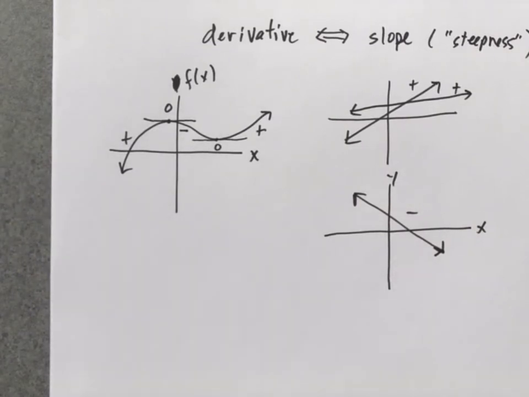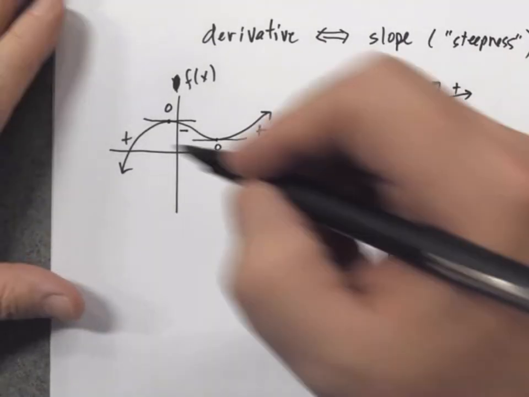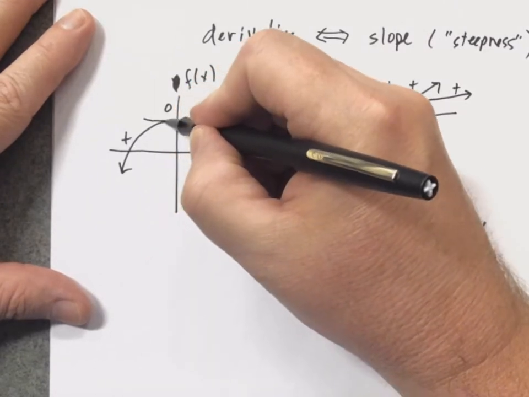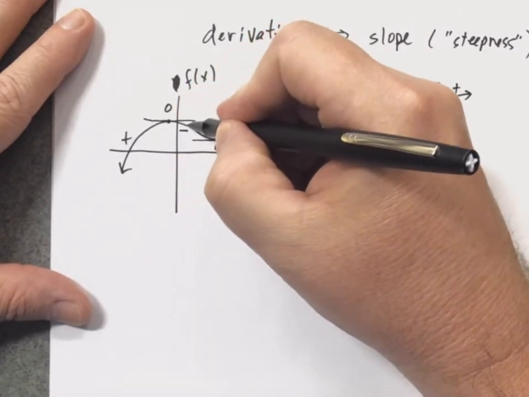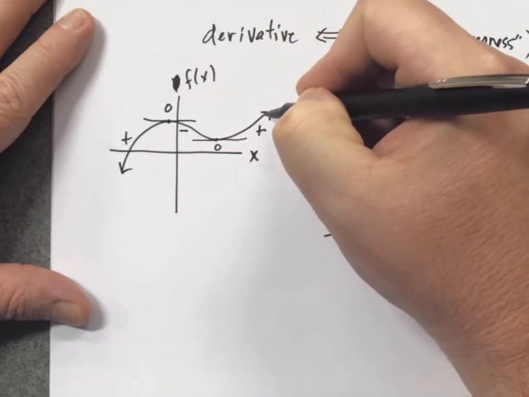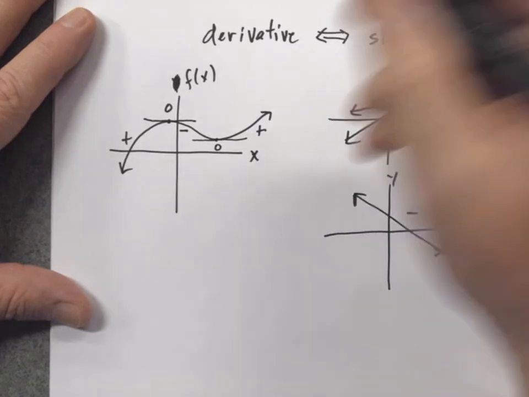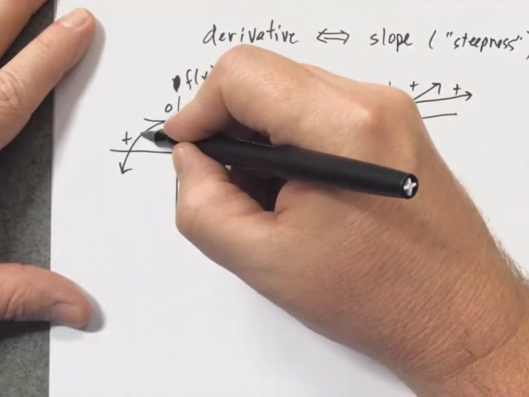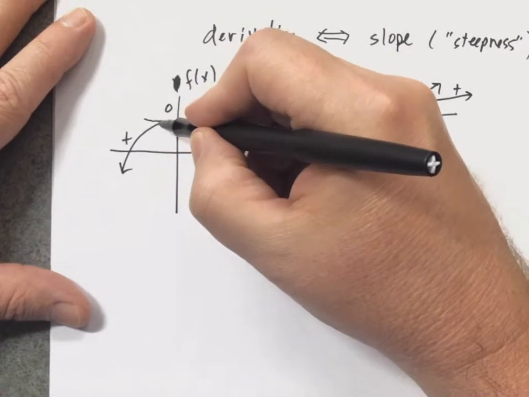So what's really going on? The function's increasing, the function levels off, the function begins to decrease, it levels off again, and then the function begins to increase. If we talk about the slope, we have a positive slope here, positive slope. The slope is getting smaller, but still positive.